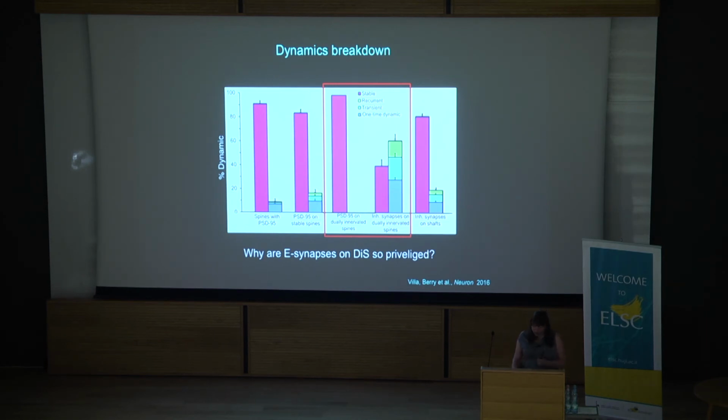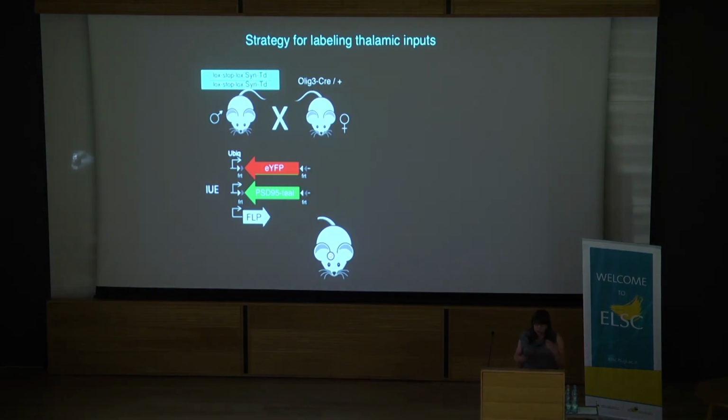So this is the first generation of experiments that we're trying out now, where we're using one of the colors on the presynaptic afferents in order to mark where they come in and relate that to the dynamic of the postsynaptic side.